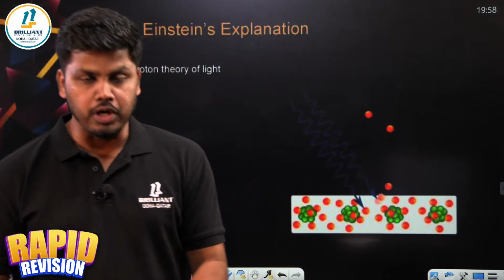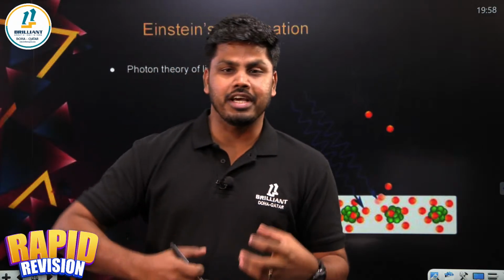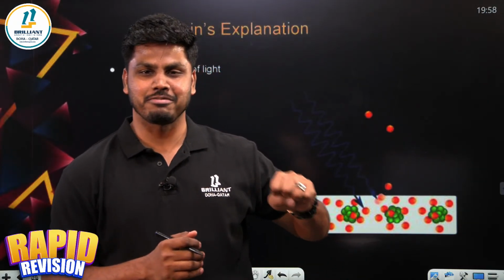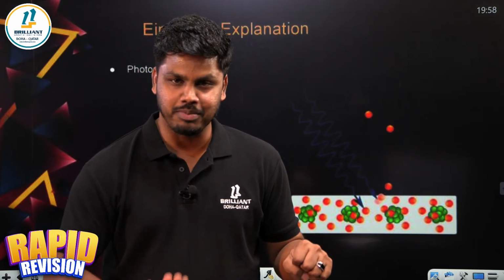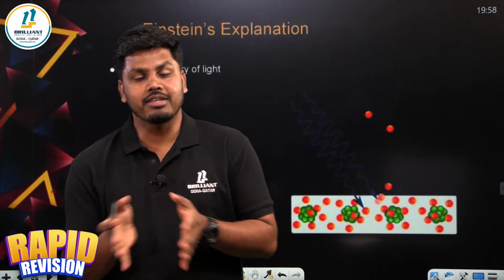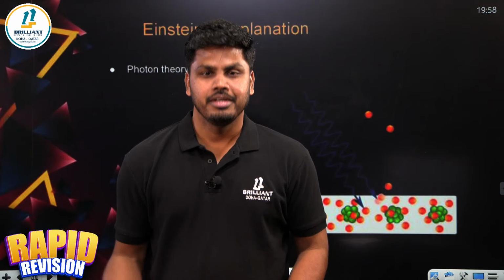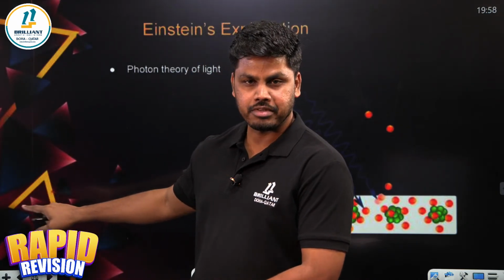See, as I told you, we are trying to explain the particle nature of light. That is why we picked the photoelectric effect in this chapter. We have to discuss the particle nature of light. Light has a particle nature. Then how will we explain that? Using a phenomenon called the photoelectric effect.